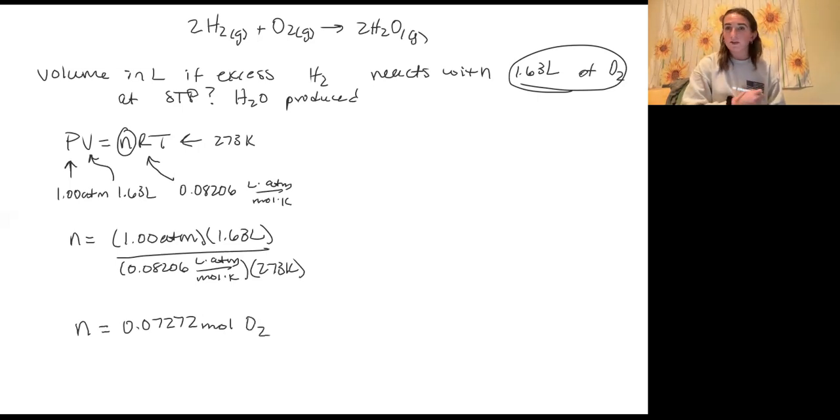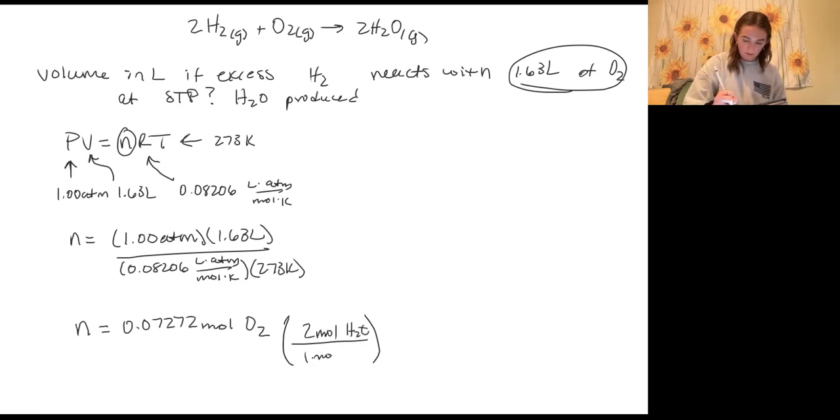What is our mole ratio to get to moles of water? Beautiful. So we have 2 moles of H2O for every 1 mole of O2. This will get us to moles of H2O.